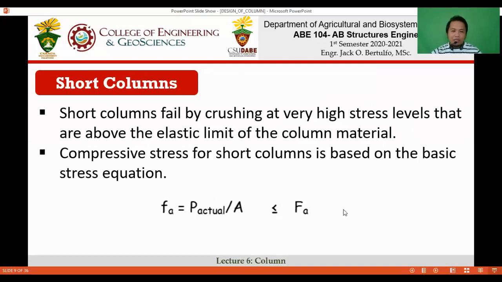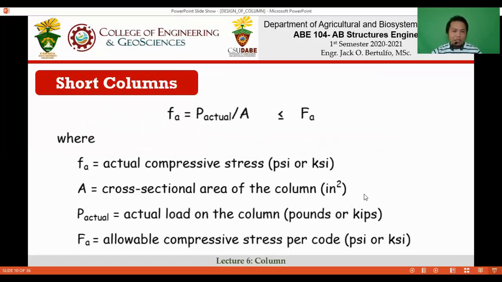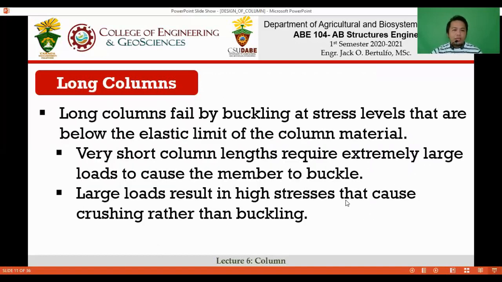Always dapat lesser ang imong value sa imong allowable compressive stress. Okay. So here, the actual compressive stress, we have the cross-sectional area, the actual load, then the allowable compressive stress. So that's simple lang ang short column. So basic nga formula for stress.